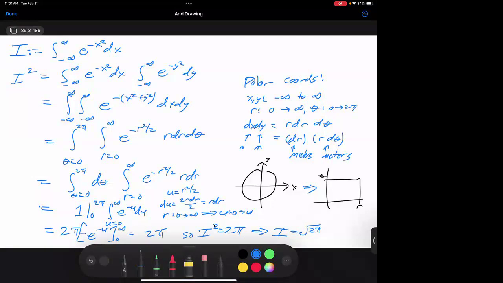How do I know that it's the positive square root of 2 pi that I should take and not the negative square root? Well, if you look at I, what can you tell me about the integrand?